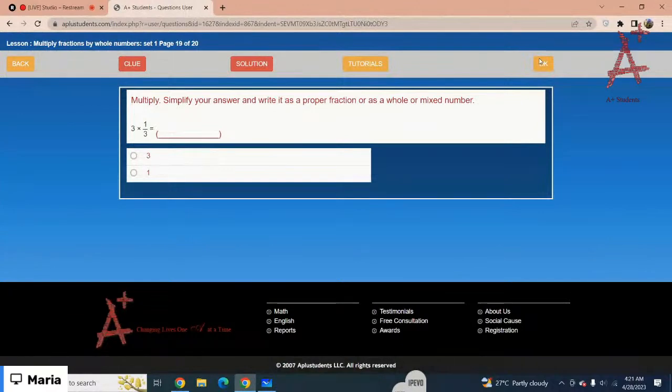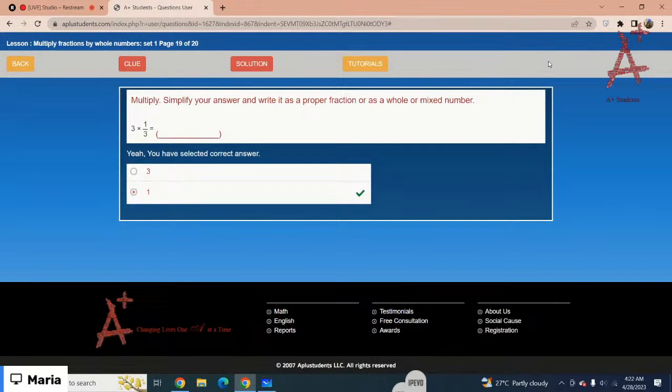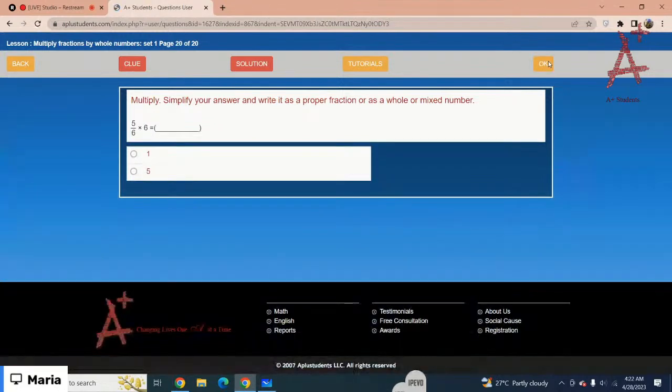Okay, 3 times 1 by 3. So which is the correct option? Yes, the correct option is 1. Okay, 5 by 6 times 6.